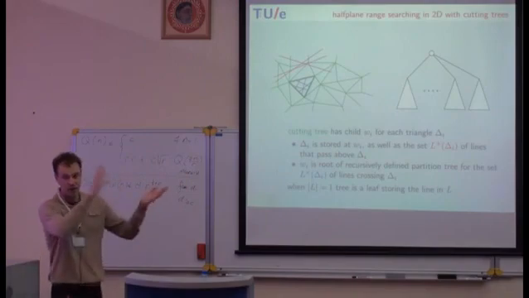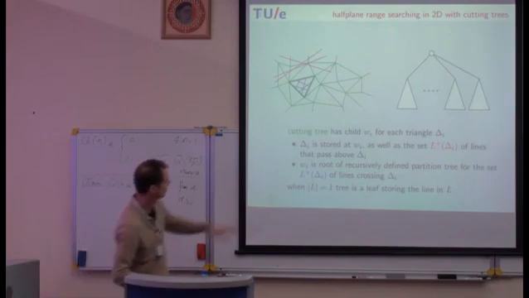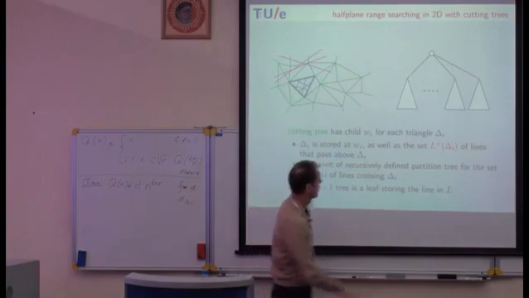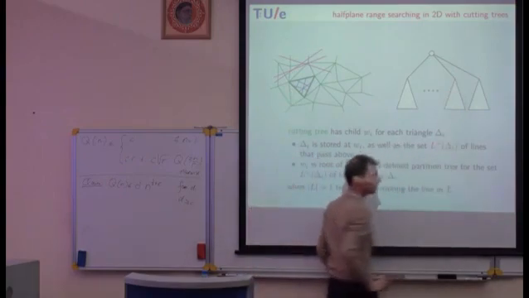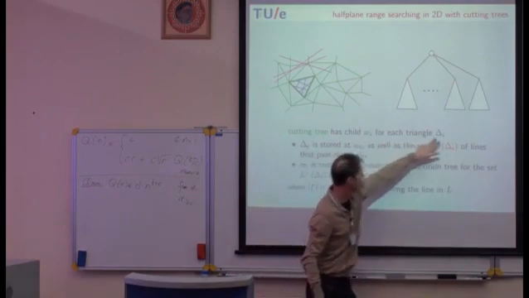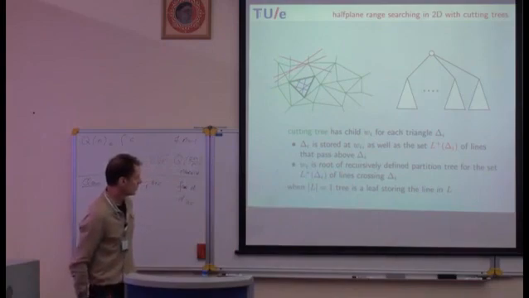I have this 1 divided by r cutting. For each triangle, for instance this triangle, I have a subtree here. So I have a child w_i for each triangle delta_i.